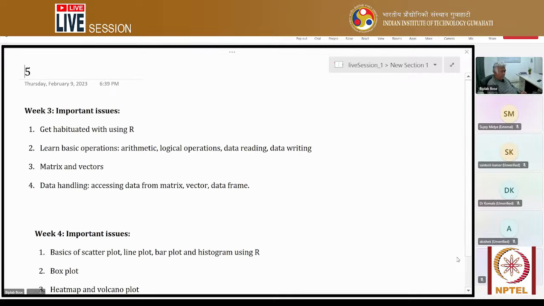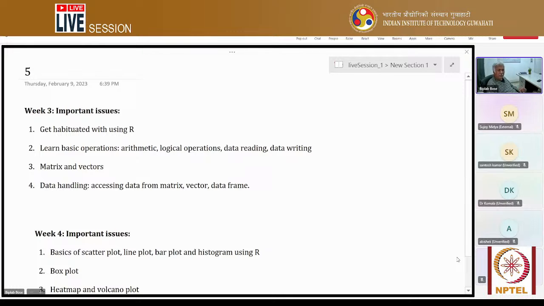Okay. Week 3 and week 4 of this course are dedicated to a jumpstart in programming in R. We understand that many of you may not have done any programming at all ever. So you need to understand how a program works, you need to understand the basic syntax and then move forward.